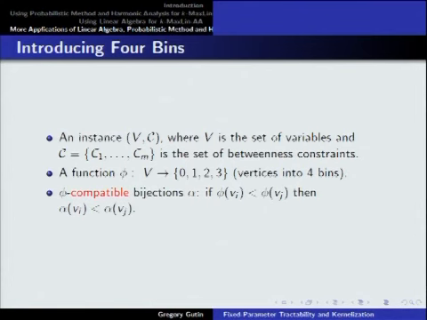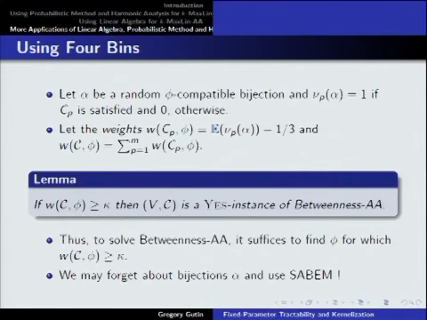Then we consider a random phi-compatible bijection alpha, and we introduce random variables and also weights. By linearity of expectation, it's not difficult to see that if the weight of C is greater than or equal to kappa, then the answer to this instance is yes. So it's simply linearity of expectation here.